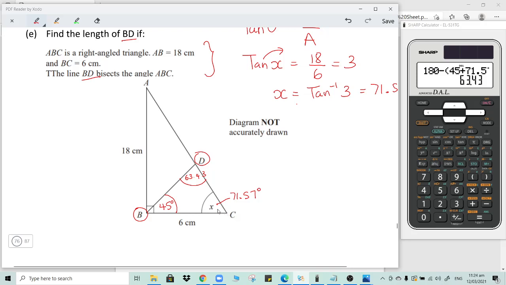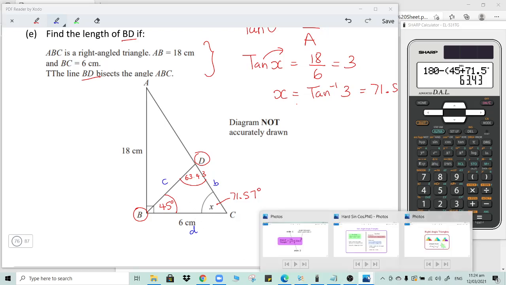If here is capital C, let me get a different color. Yeah. If here is capital C, over here is common C, capital B, common B, capital D, common D. We are trying to find common C. So it seems to me that we have two angles on one side. That's a case of the sine rule.